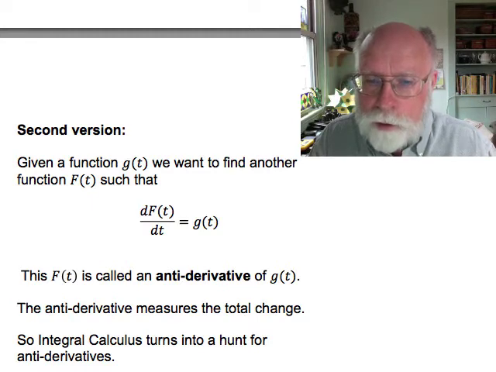So here we are supposing we're given g of t, and it is the rate of change of f, and we're trying to find f. That makes f an antiderivative of g of t, and the antiderivative measures the total change. So it's by finding this antiderivative that we'll be able to go back to our original quantity, starting only with the rate at which it was changing.